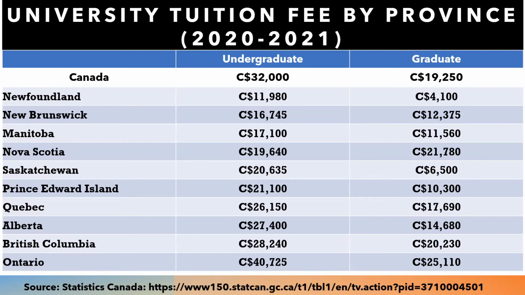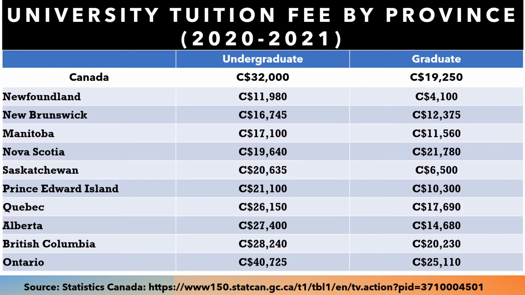According to the Statistics Canada website, overall in Canada the cost of education is around $32,000 for undergrad international students, and $19,000 for graduate students. Newfoundland, by all means, is the cheapest province, with an average of around 12,000 Canadian dollars for undergraduate tuition, and only 4,100 for graduate.